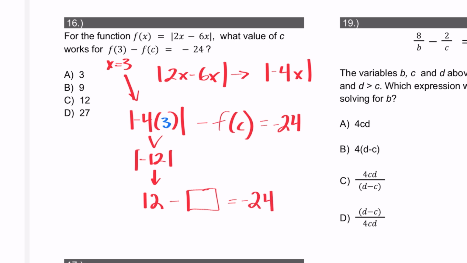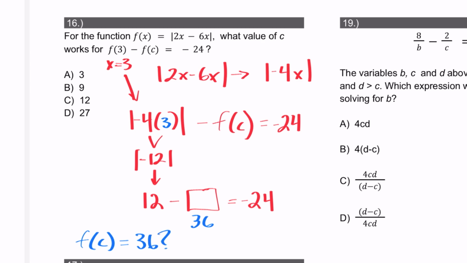Remember, we're looking for f of c. Now you could think about that and say 12 minus what would be negative 24? That's going to be 12 minus 36. So they're saying, for what value f of c would we get 36?